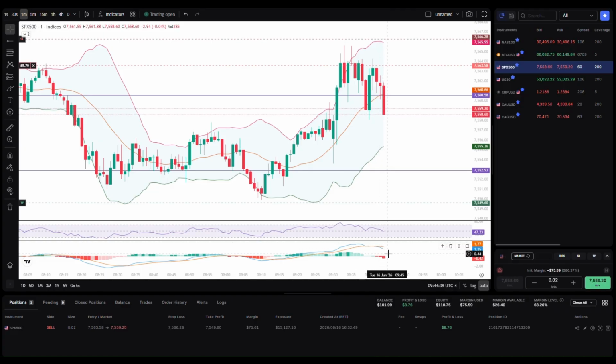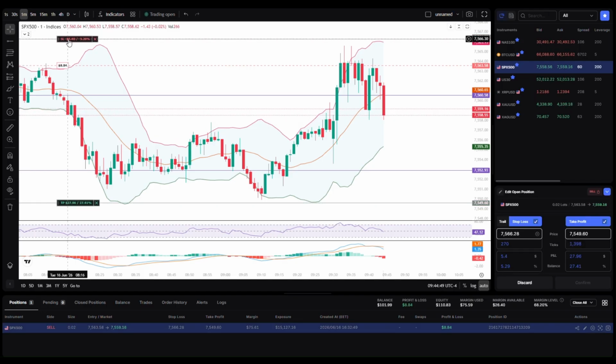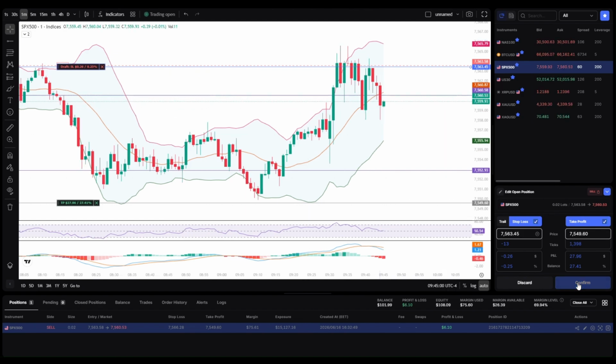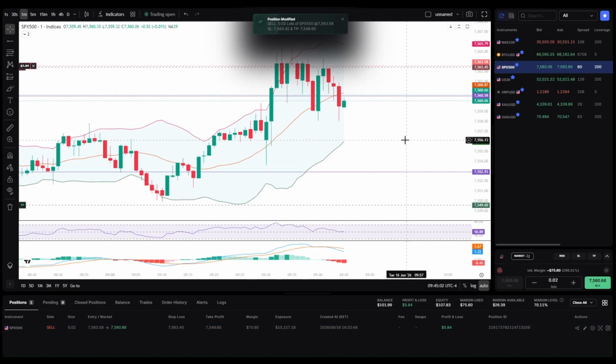MACD is going to close. Hopefully, you just really see a dive over here. I'm gonna click here on top of it, modify, and put it right under my entry point. So if it comes back up again, quote unquote, I'll be earning 26 cents. And hit confirm, and boom, there it is.